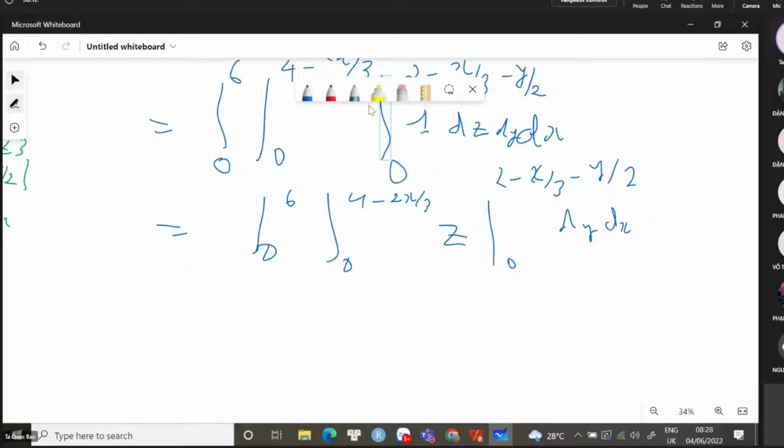And once again, you calculate the integration in y and then in x, and finally you get the result 8. To get this value.